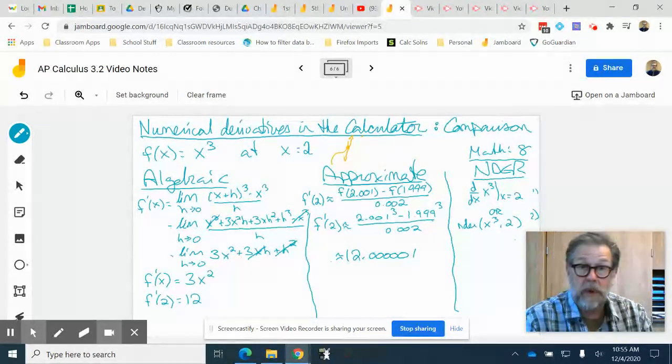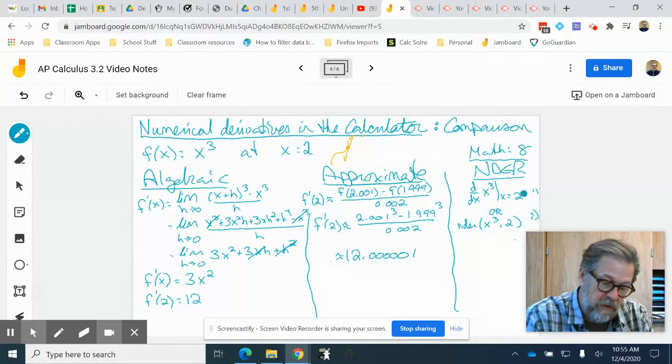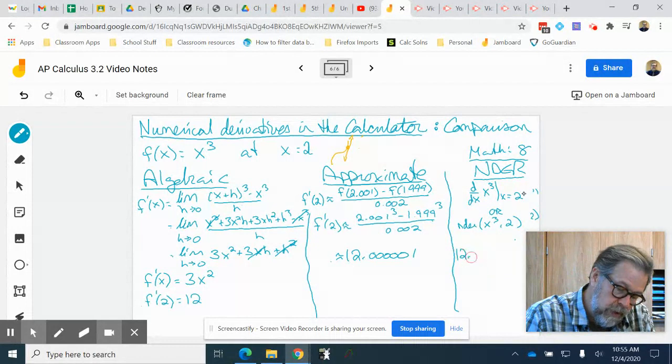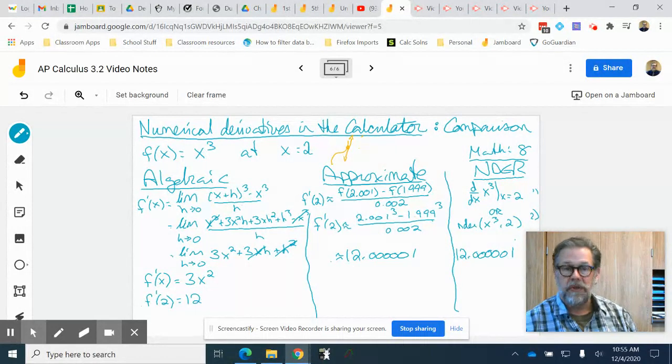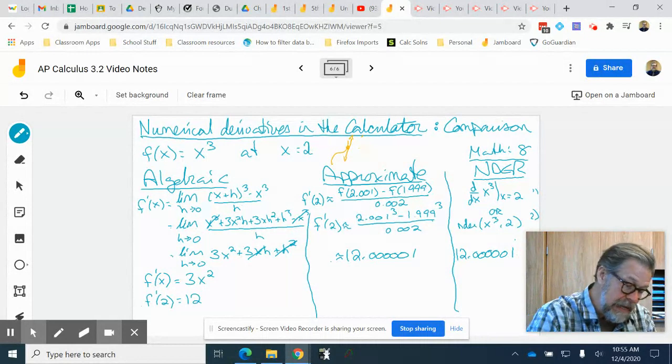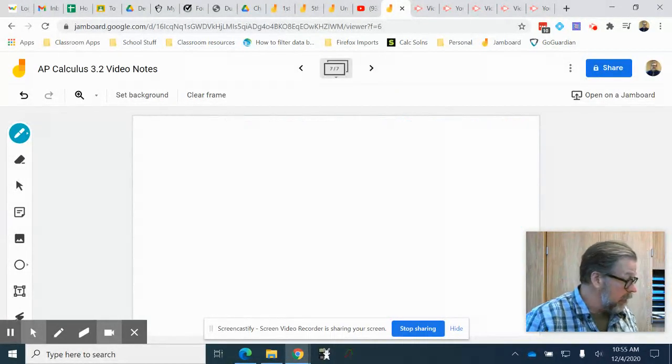And the second one, you're taking the numerical derivative of x cubed at x equals 2. And when you do that, what you get is 5 zeros and a 1. So again, approximately 12.